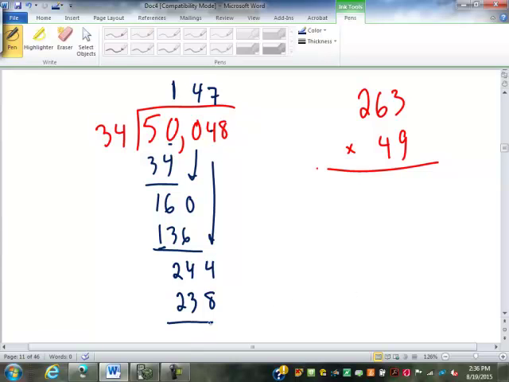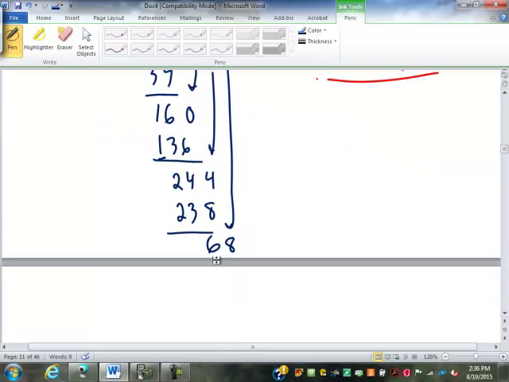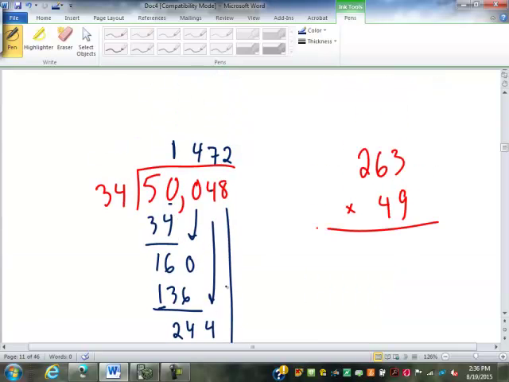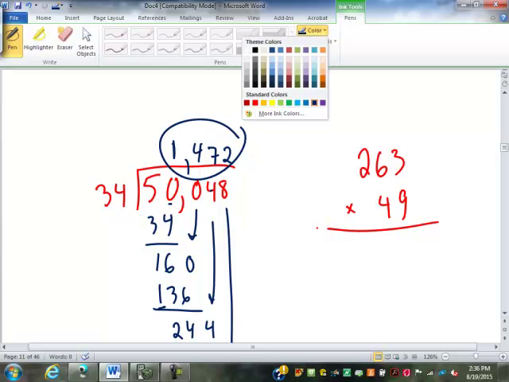Subtract it to get 6. Bring down the 8. And then twice. That is 68. There's 0 left. All done. So 50,048 divided by 34 is 1,472.